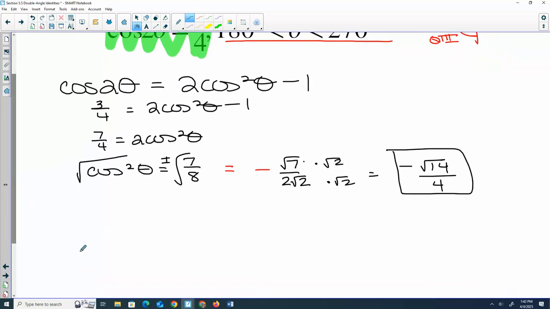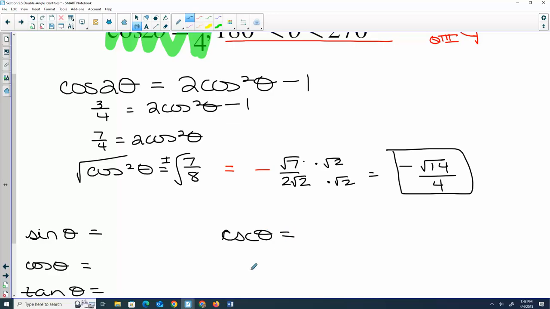Now, I asked for all 6. So we have options now. I did this really as a review of some of our older stuff, so we're not forgetting things. Your homework, I don't think any of the questions ask for all 6 trig functions.